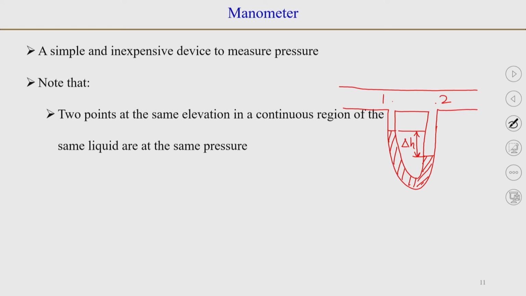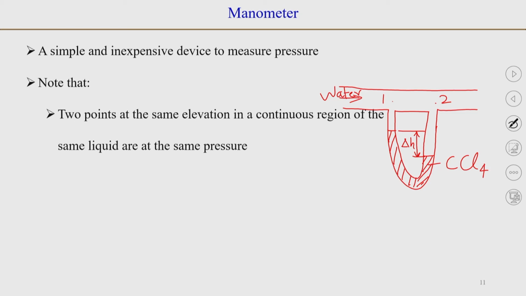So, let us say this is a fluid water, and then the manometer can have a different fluid, let us say this is CCl4. The choice of fluid will depend on the magnitude of pressure and density.